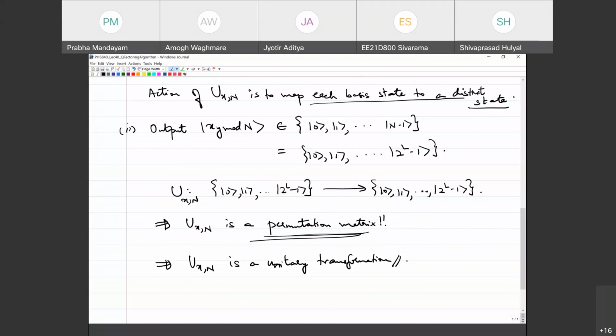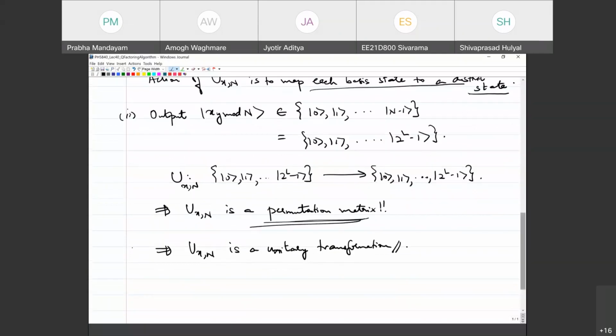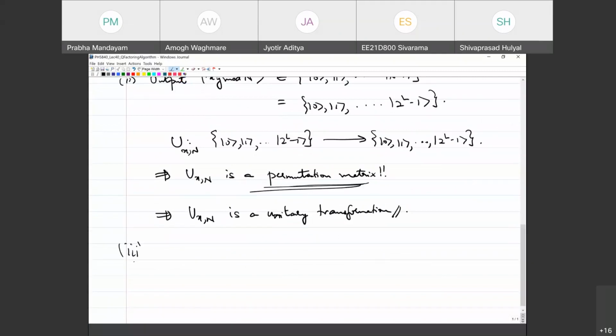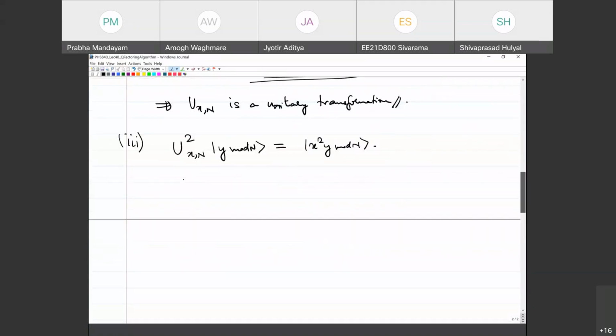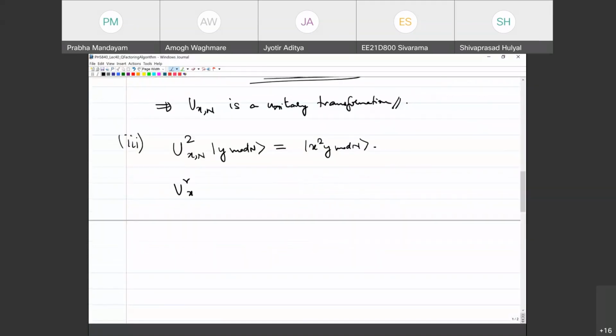The next property that we will note is that this has an interesting relationship with the order of x and n. So what is U squared acting on y mod n? This is x squared y mod n, right? And so on and so forth until you realize that U to the r, well, I don't need to put mod n for y. y is anyway something between 0 and n minus 1.